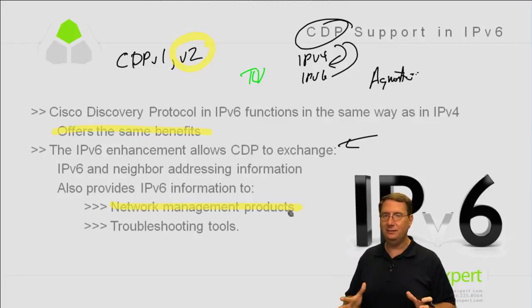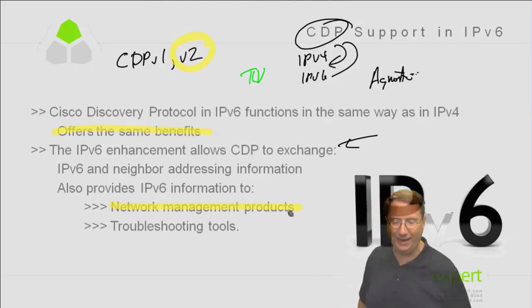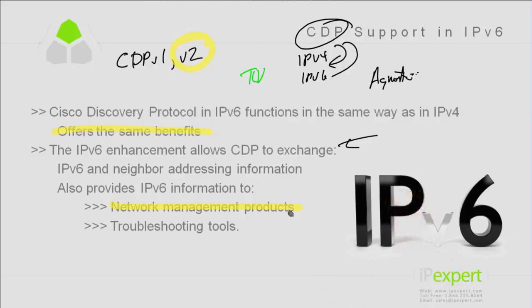CDP is something that we take for granted, but it's going to actually be related to almost everything that we're going to be talking about in the future. And it's going to be through this idea of entanglement that I discussed. Now, when we go through, again, keep in mind, CDP also allows us to exchange information about our IPv6 and our neighbor address information. So it's no different than IPv4.